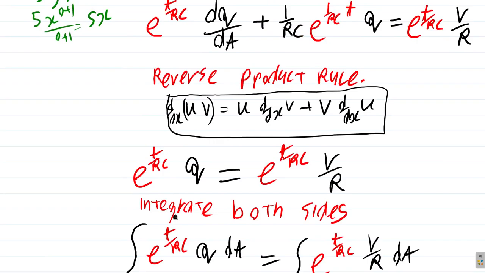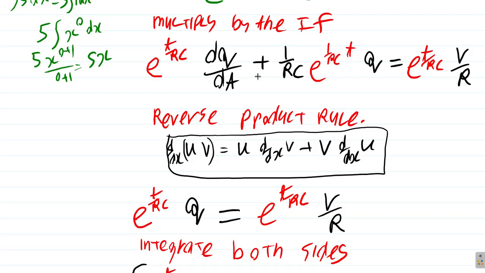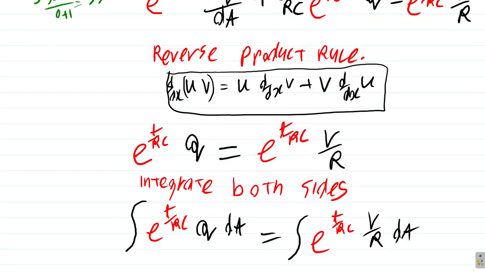Oh, hold on, I left out a little thing here. I had said we are looking at the inverse product rule, the reverse product rule. That means there is something that we differentiated in order to get this. What we differentiated in order to get this is this. So I should show that it is a derivative.